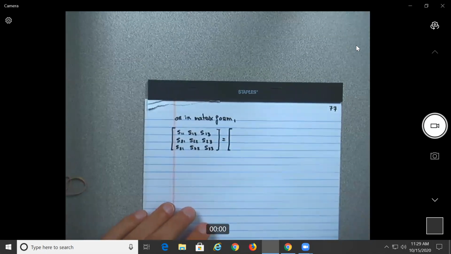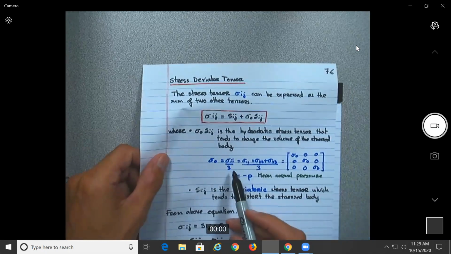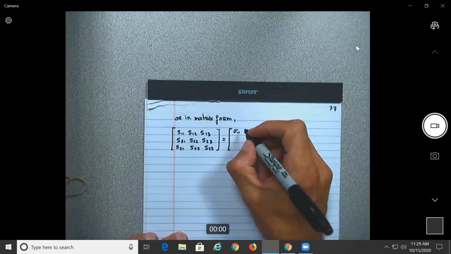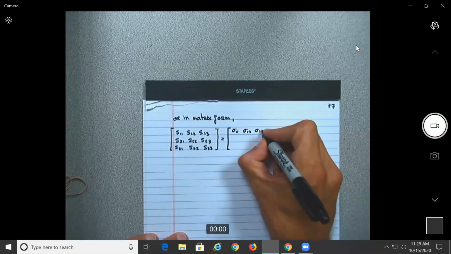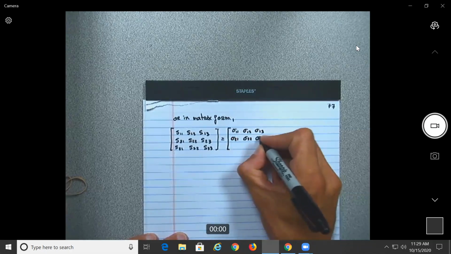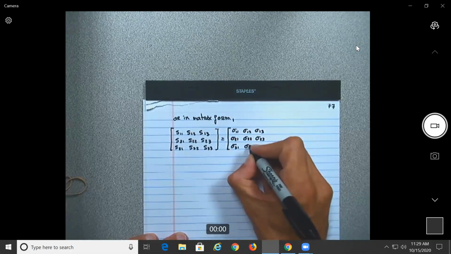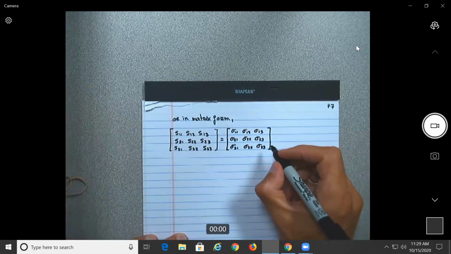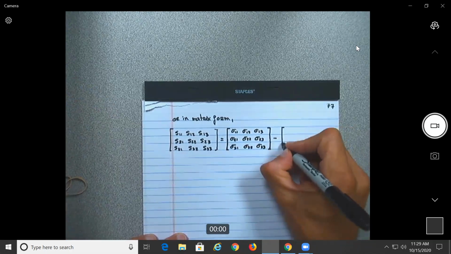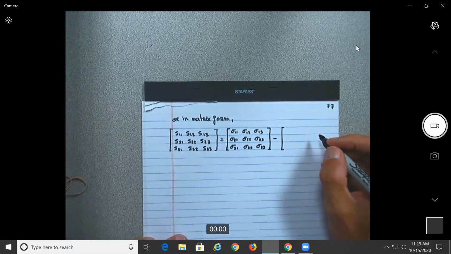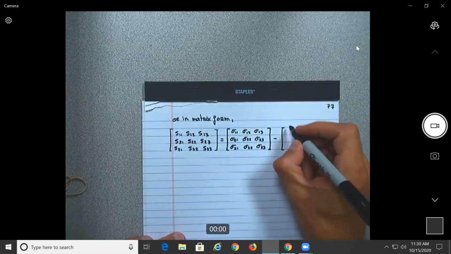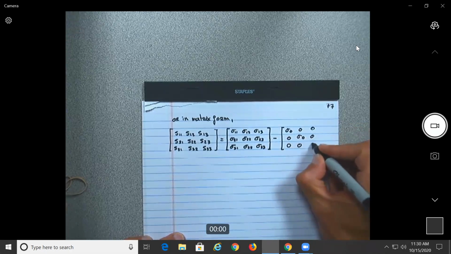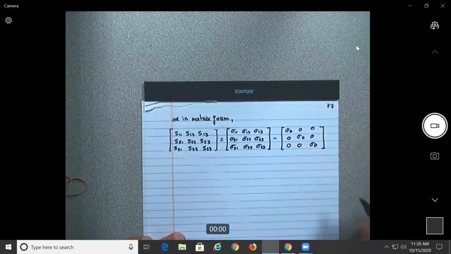Equal to what? To the sigma ij, okay? Which basically is all those values again: sigma 11, sigma 12, sigma 13, sigma 21, sigma 22, sigma 23, sigma 31, sigma 32, sigma 33, minus this term here, delta ij, which will just give you the terms on the diagonal.